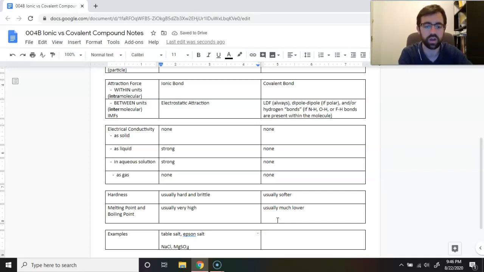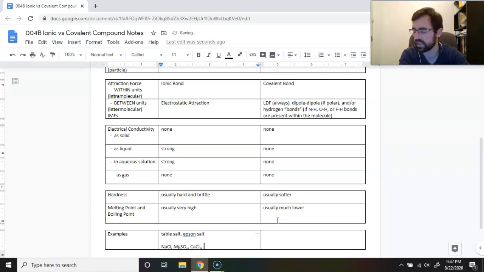I can hit control comma again, and that brings it back up to be normal. CaCl2, so CaCl, and then I can do control comma and write the 2. Just wanted to show you how to do that because you might have to do it at some point this year.